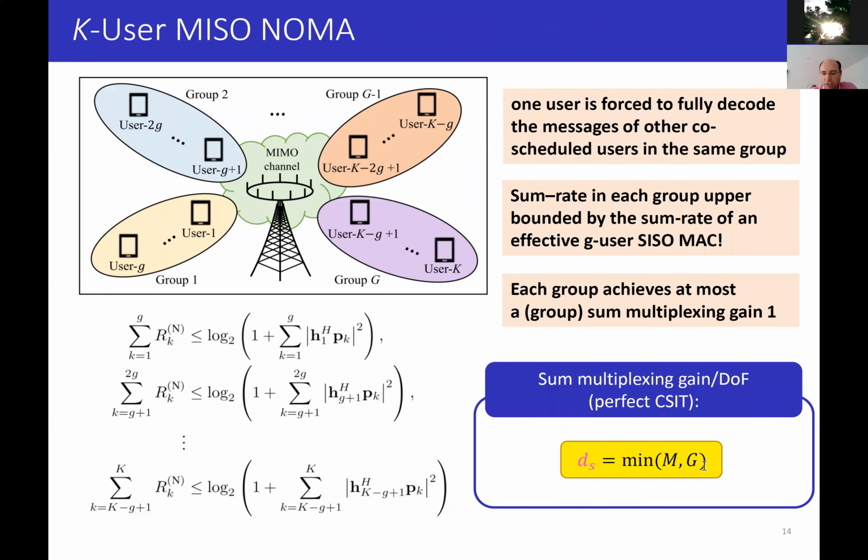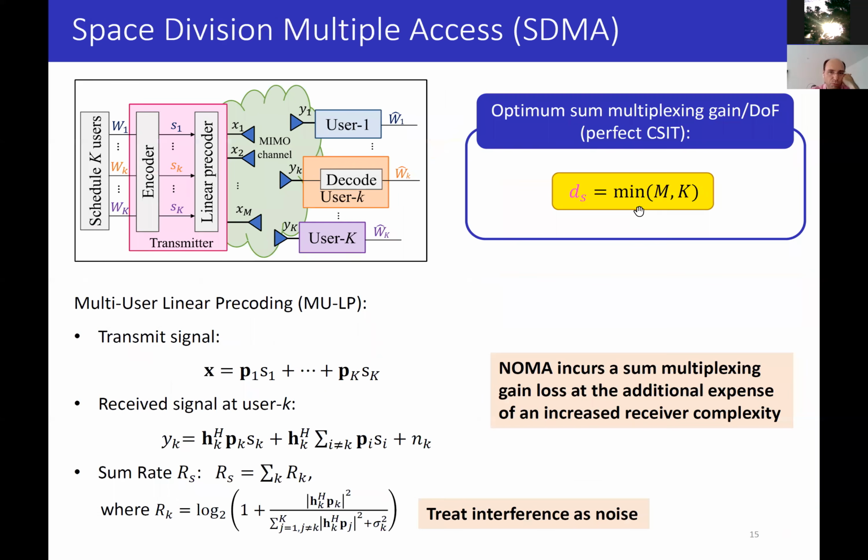So your sum multiplexing gain or sum DOF of a K-user MISO NOMA is always smaller than what you would achieve with simple space division multiple access, and you would do that without any need for SIC. So NOMA would incur a sum multiplexing gain loss at the additional expense of an increased receiver complexity.